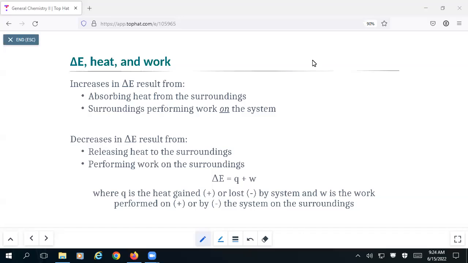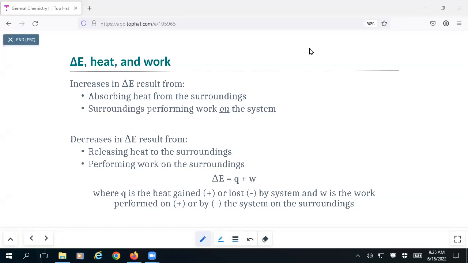All right. So coming back to this overall idea of internal energy and heat and work. If we're looking at changes in energy, again, internal changes mean stuff's coming in.